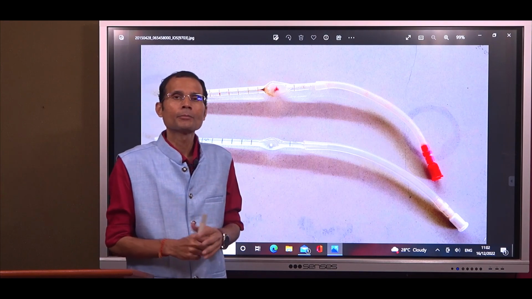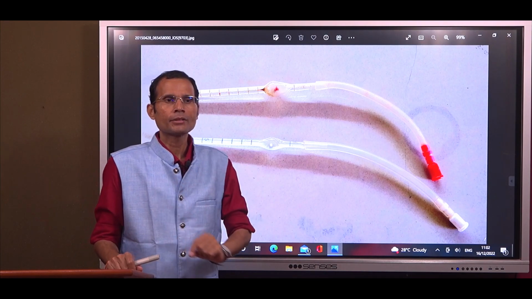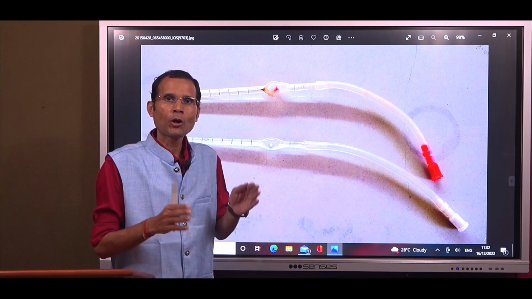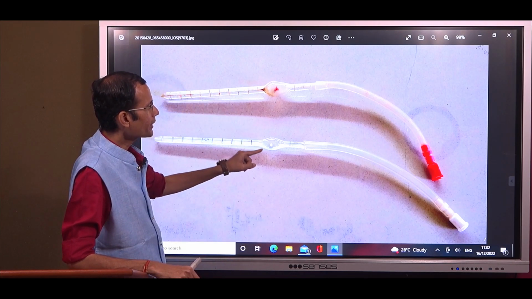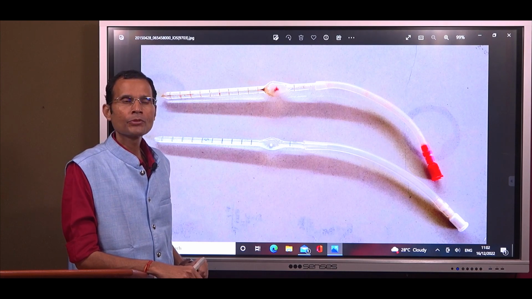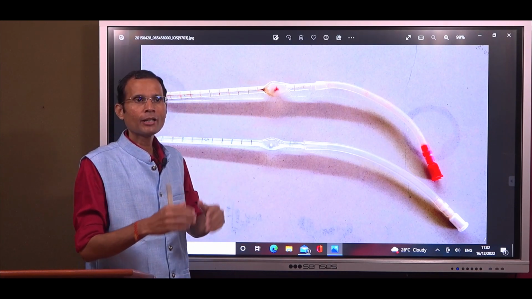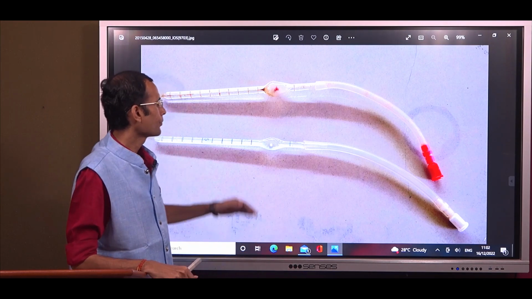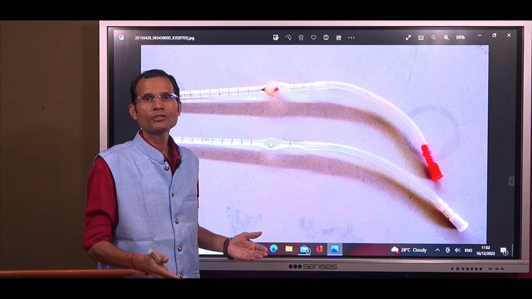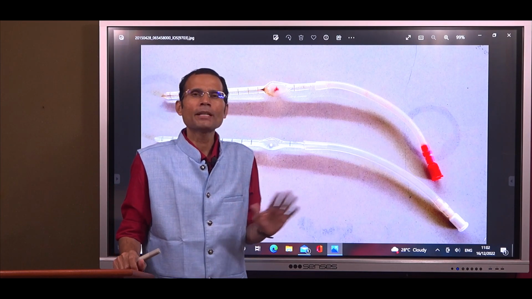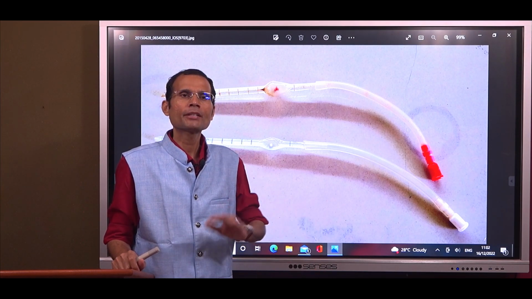Well, let me stress on one more point. Although we are calling them as RBC pipette and WBC pipette, and RBC pipette is going to cause dilution by 200 times, WBC pipette causes dilution of blood by 20 times, but these are simply dilution pipettes. I mean diluting pipettes.